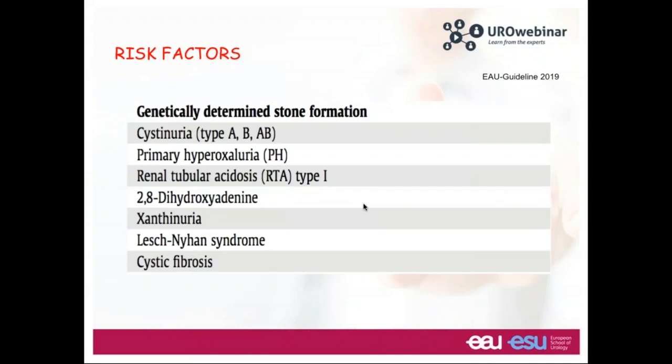There are several genetic causes of stone formation, like cystinuria, primary hyperoxaluria, or RTA, renal tubular acidosis, that we will discuss in detail. So if you have a patient with cystinuria, then you know that unfortunately, if he or she doesn't follow the treatment, they will recur.